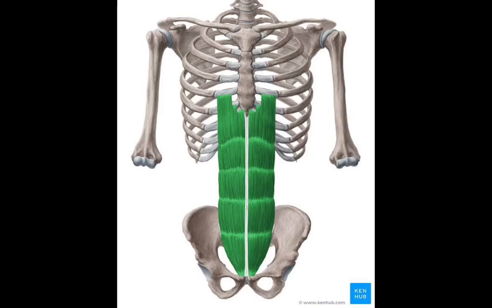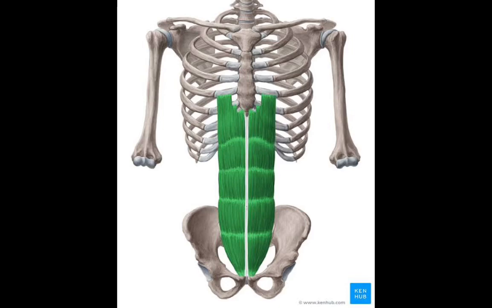And this muscle is inserted by 4 fleshy slips, and the most medial slip is attached to the anterior surface of xiphoid process of sternum, and the remaining 3 slips are attached from medial to lateral side to the 5th, 6th and 7th costal cartilages.